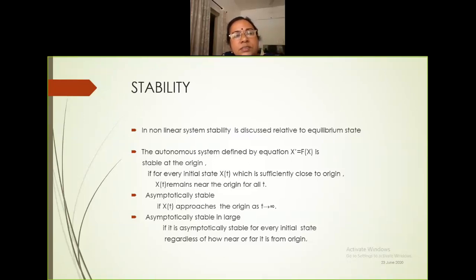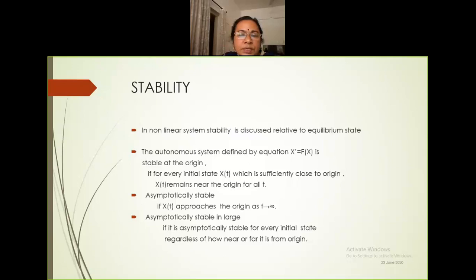In a nonlinear system, stability is discussed related to equilibrium points. The autonomous system defined by the equation x dash equal to f of x is stable at the origin if for every initial state x of t which is sufficiently close to the origin, x of t remains near the origin for all t.